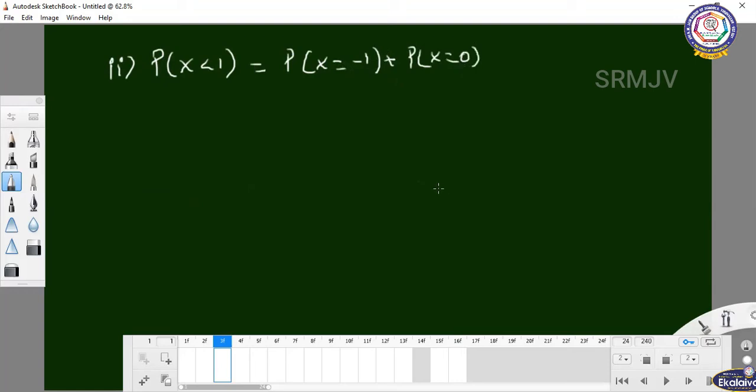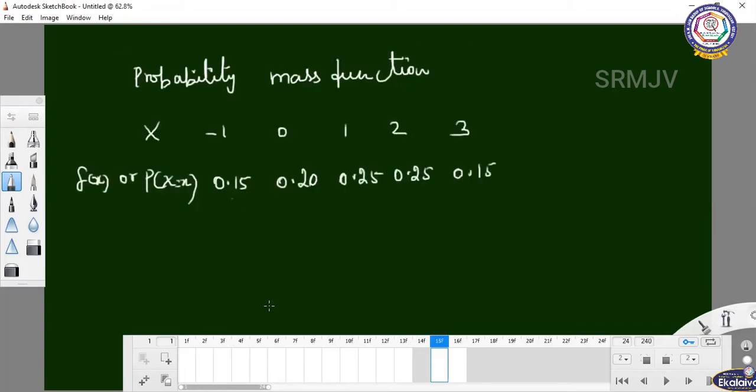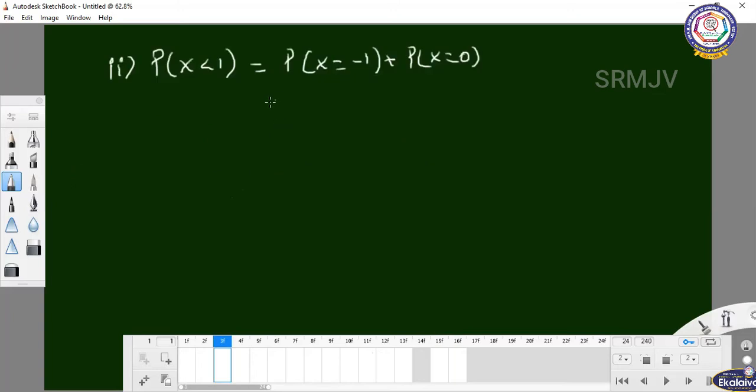P of X equal to -1 is 0.15, plus 0.20. So what is the value for P of X less than 1? 0.35.